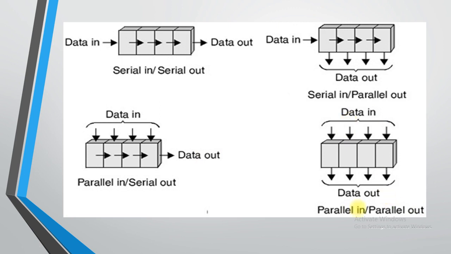Similarly, when you want to get out data or get back that data, at that time you need to get all the data at a time. So this is called top, this is called bottom. So top and bottom will be used when you insert data in the form of parallel, and when you want to output your data in parallel mode.